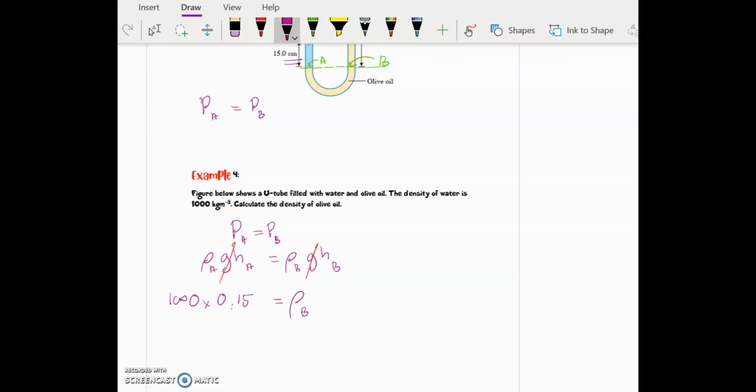The density of olive oil is unknown, times the height of olive oil exerting on point B, which is 16.5 centimeters, so let's convert it to 0.165. So the density of olive oil is actually 90.9 kilograms per meter cubed.